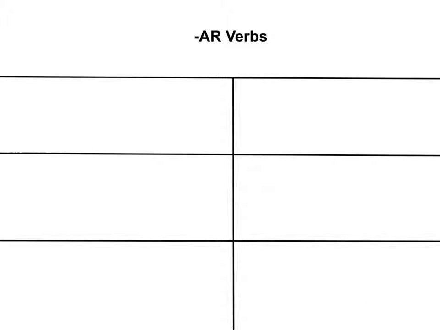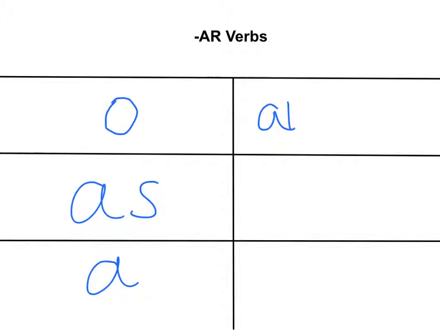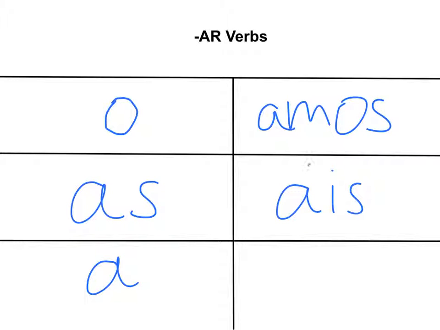First type of verb that we have are AR verbs. Our endings are o, as, a, amos, áis, and an. Don't forget that these do go with specific subjects.